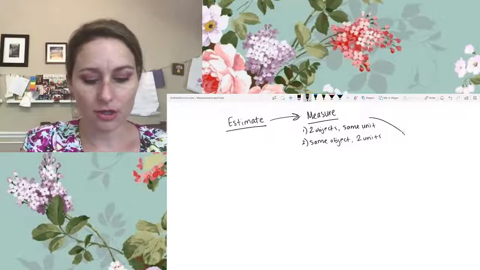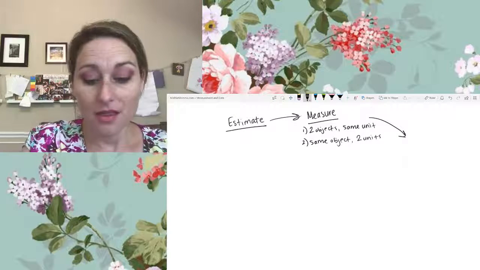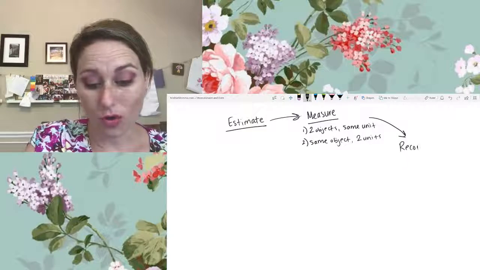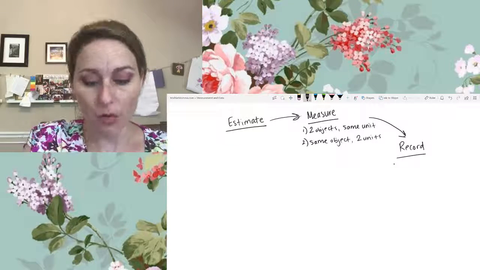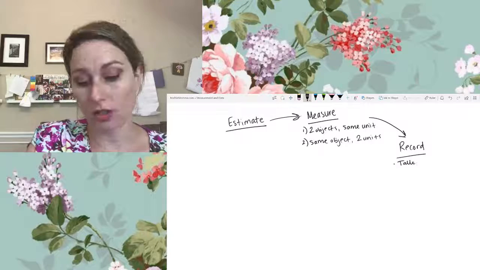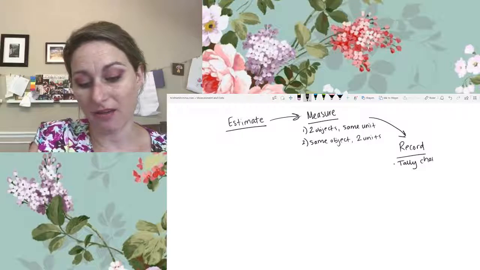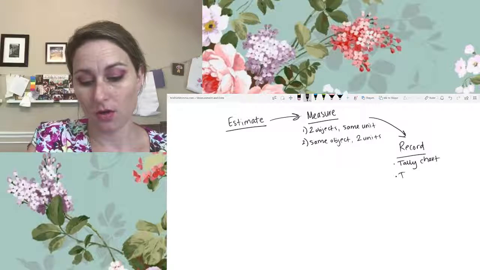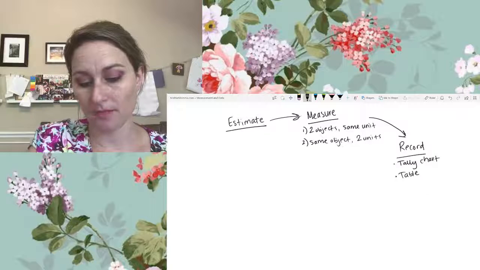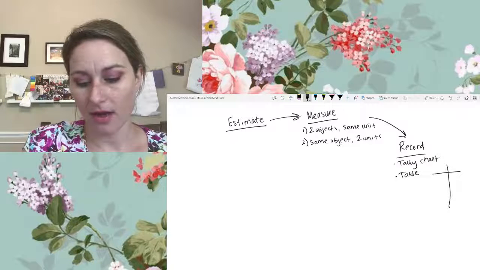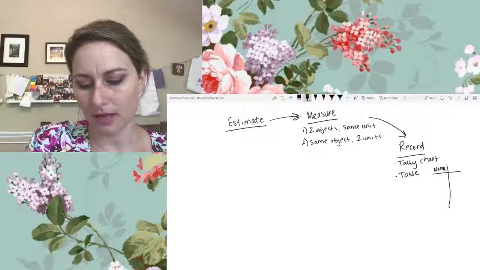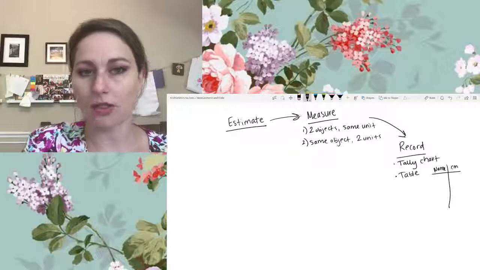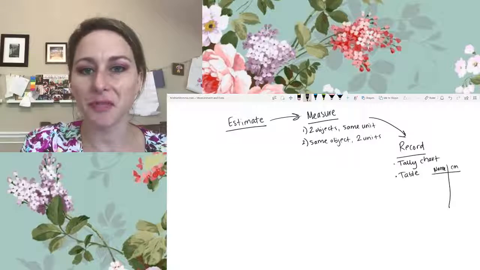Now that they've measured, and usually twice, then they need to record their work or their thinking in some way. We might record this in a tally chart or any kind of chart, really, or maybe a table of some sort. And so maybe I have a table here and I have the student's name and the centimeters long their hand is, or whatever it might be.